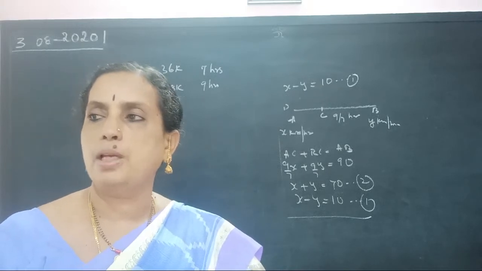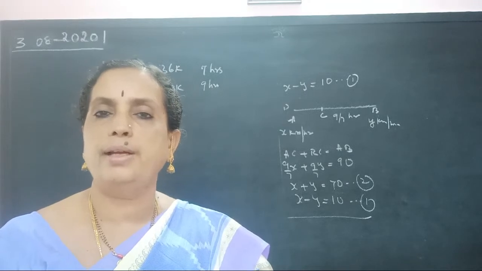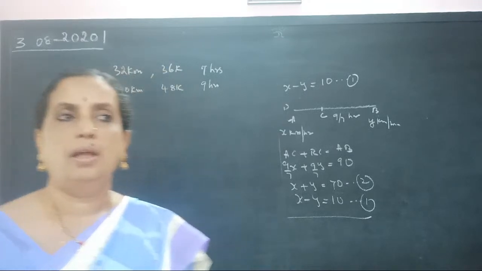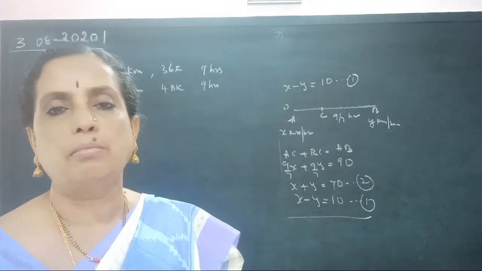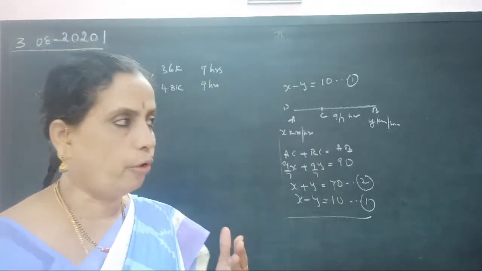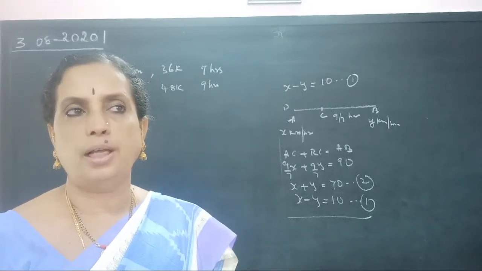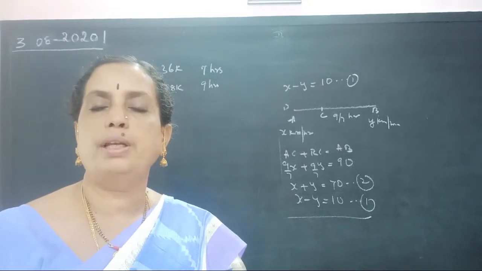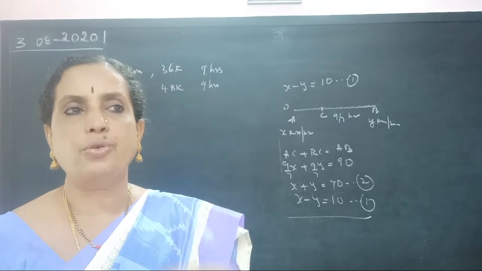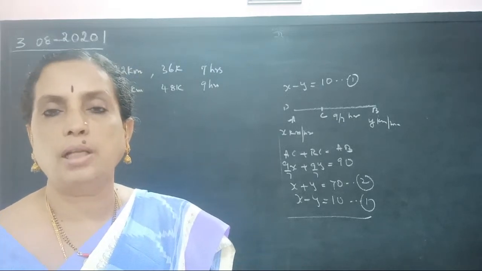For upstream we have retardation, for downstream we consider acceleration. So downstream is x plus y and upstream speed is always x minus y. Before answering, you have to consider: does it require 2 variables? Which are those variables, and which should be greater? Considering that, you have to start your answer.